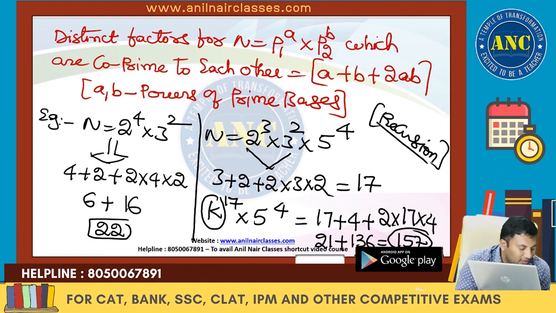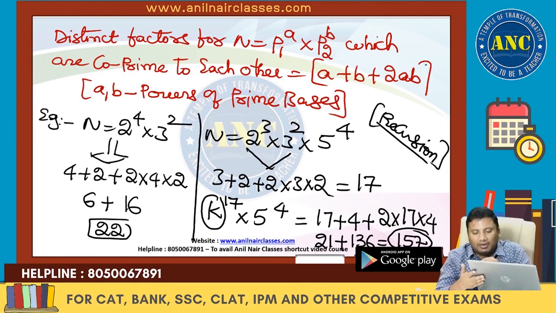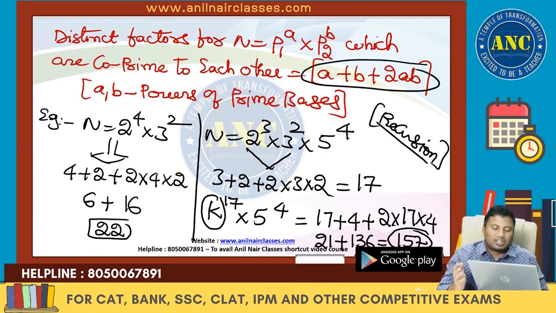Still the answer will be the same. I hope Balaji you understood the point. For 2 numbers we will develop this and then we will extend it to any numbers.